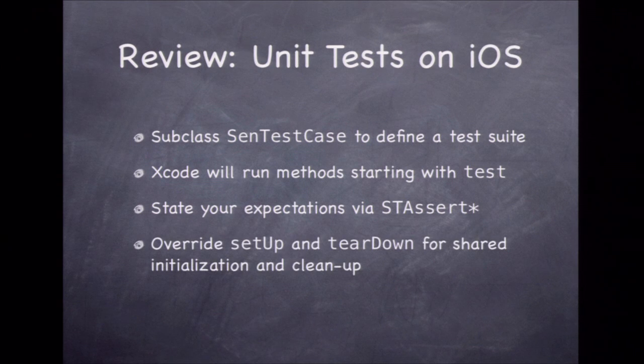There's one thing that I didn't quite get to cover that's worth briefly mentioning, and that's namely that there are these two additional methods, setUp and tearDown, that can be used for any code that you'd like to share between all of your testing methods. So it makes a little sandwich. For each method that you define that begins with the word test, the system will call setUp, then test, then tearDown.